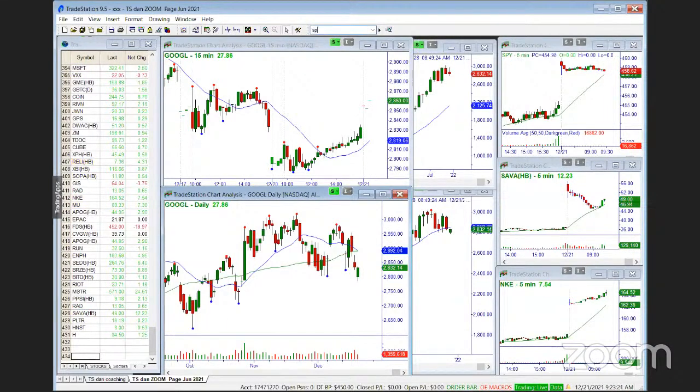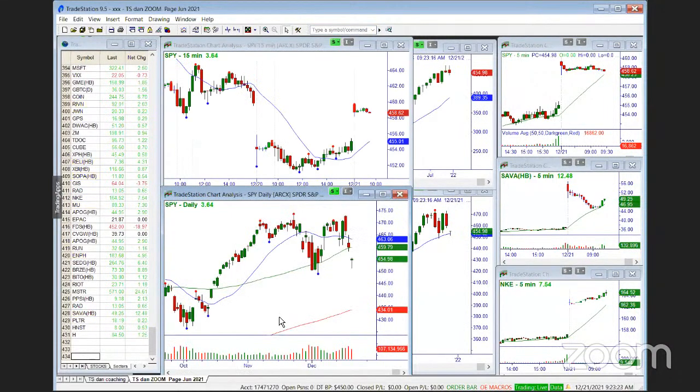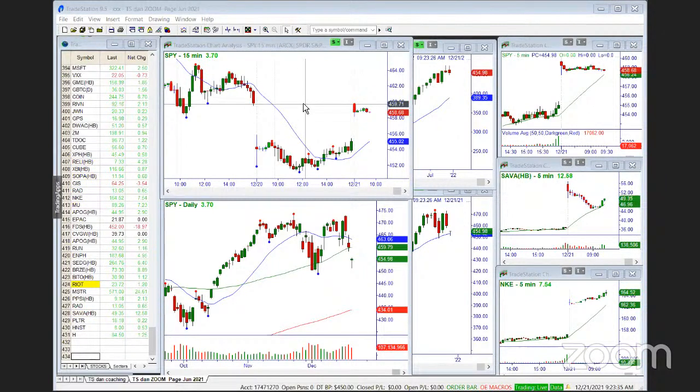Somebody's asking to pull the spider chart back up. PB duck, I don't see what your question is. It's gapping right here to gap fill. So I have absolutely no bias right now. That's support below, resistance above, gap and resistance. But the Qs actually are breaking down a little bit here pre-market.